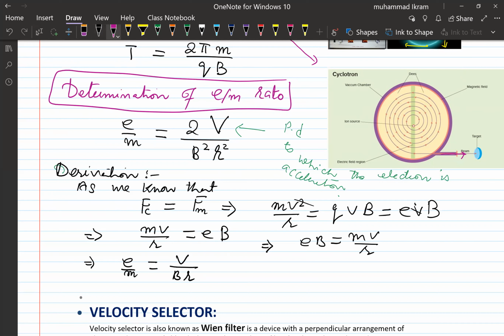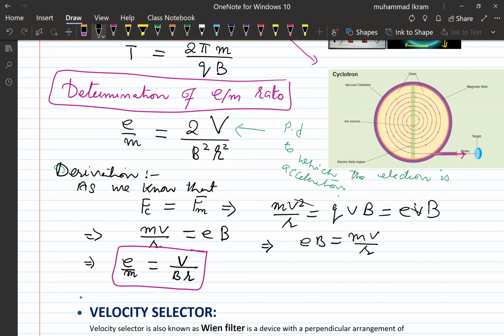So this is the simpler form of the E by M ratio equation, where v is the velocity, I'm so sorry, this is not the voltage, this is the velocity of the particle, the tangential velocity of the particle that is moving along a circular track inside the uniform magnetic field.